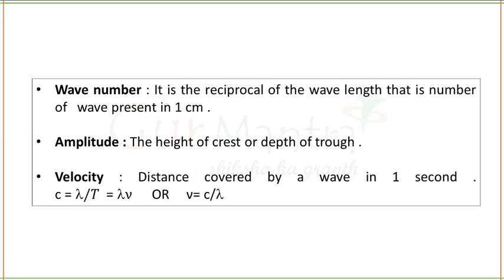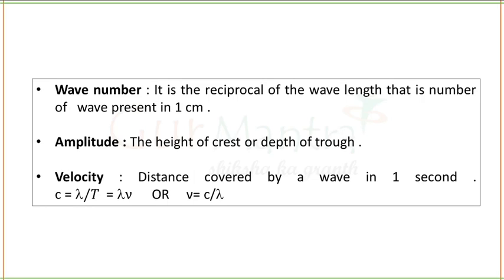Therefore, the distance is defined in terms of lambda and time taken is equal to capital T. Therefore, we get the result c is equal to lambda by T or is equal to lambda nu, because you know that 1 by T is nu, or by interchanging, nu is equal to c by lambda.